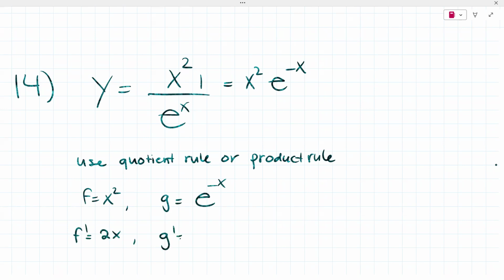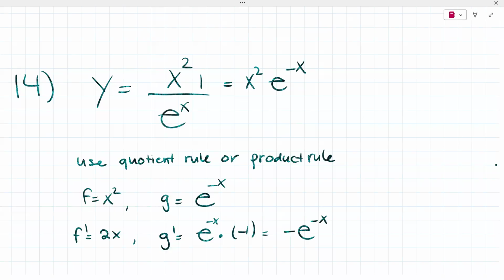And my g prime, the derivative of e to the negative x, is e to the negative x times the derivative of negative x, which is negative 1. So that would be simplified as negative e to the negative x.